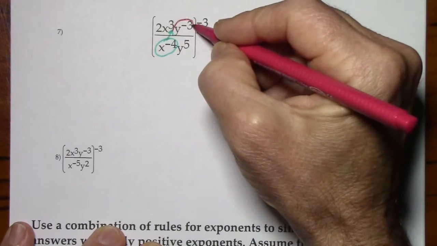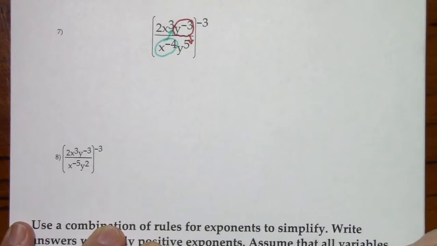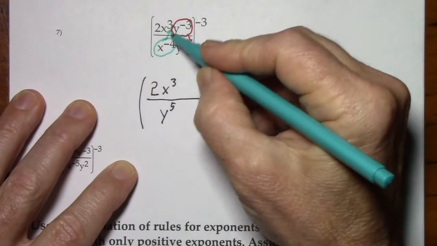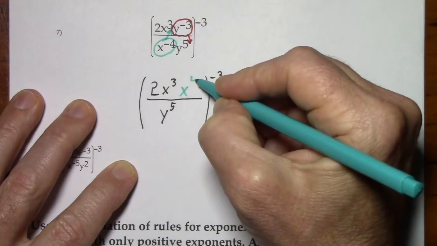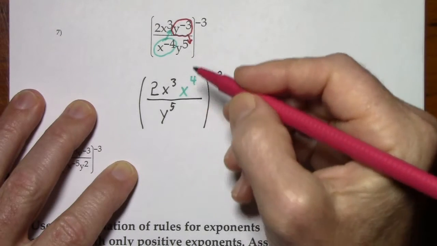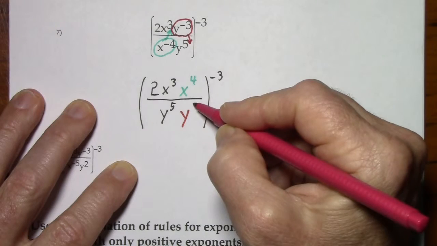This y to the negative 3, I'll push it across the line and I'll change the sign. So again, x to the negative 4 comes up to the numerator and becomes x to the positive 4. Y to the negative 3 drops down to the denominator and becomes y to the positive 3.